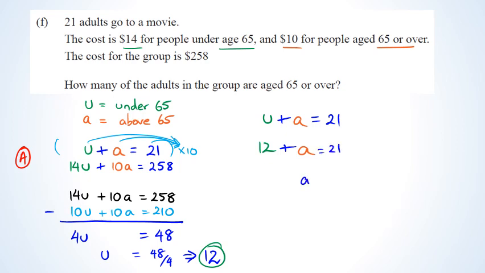When I rearrange this, I get a equals 21 minus 12, so a equals 9. It's good to write a simple statement that says 9 of the group were over 65 years old.